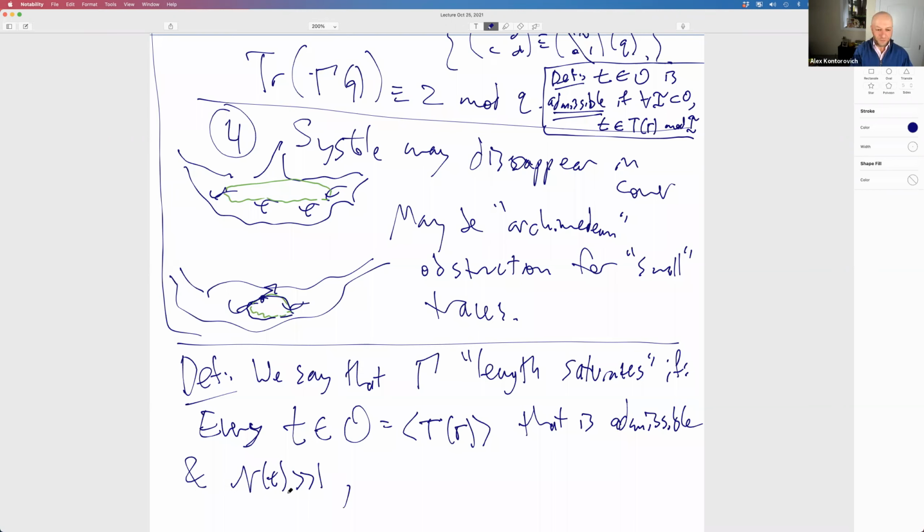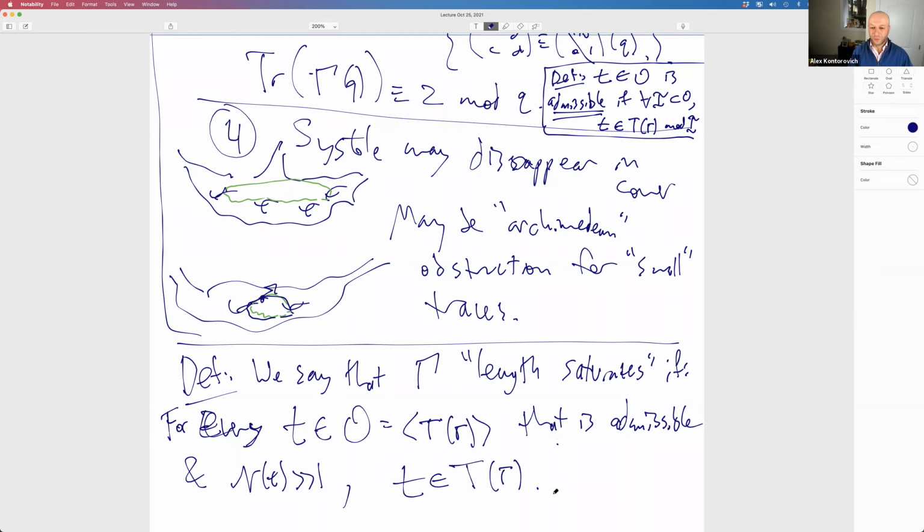So for every T that is admissible and sufficiently large, T is actually a trace in gamma.